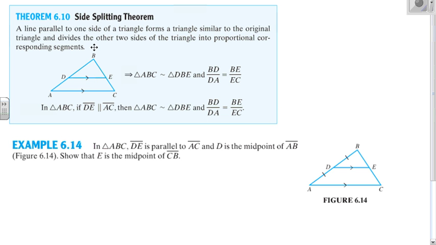Next, we'll talk about the side-splitting theorem. If you have a line that's parallel to the base going through the center of a triangle, it will form similar triangles. That's because of corresponding angles.